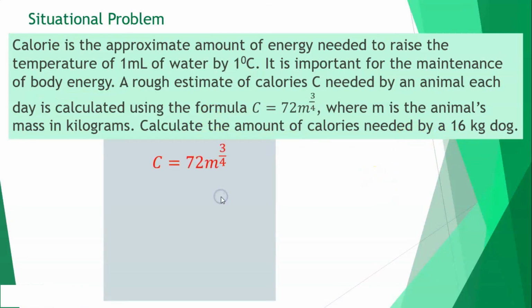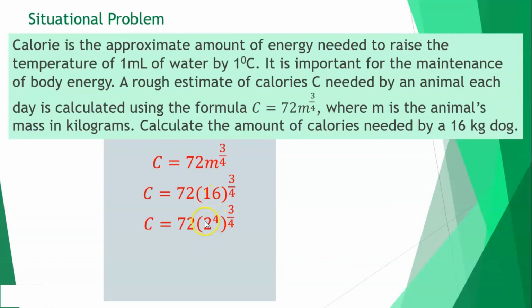So let's have this. So take note, C is equal to 72 m to the power of 3 over 4. So take note, the mass here is 16. So substitute 16 here. So we need to rewrite 16 such that the exponent will be 4. So that would become 2 to the power of 4.